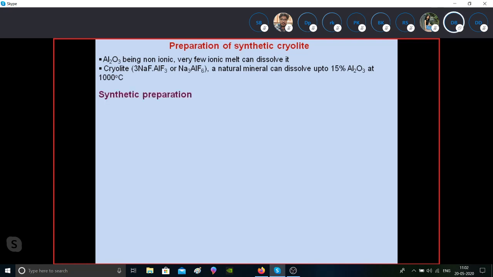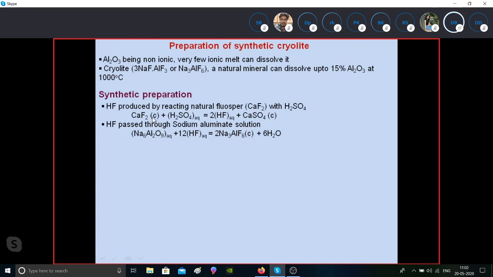The process is basically, my first step is to produce hydrogen fluoride by reacting natural fluorspar, which is calcium fluoride, with sulfuric acid to give me hydrogen fluoride in aqueous solution.